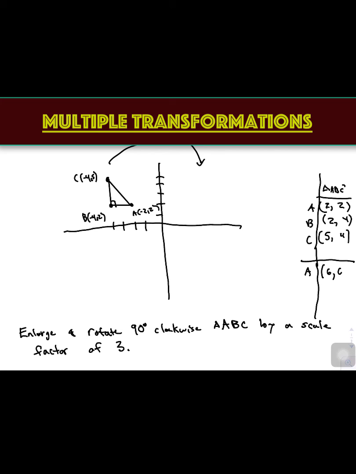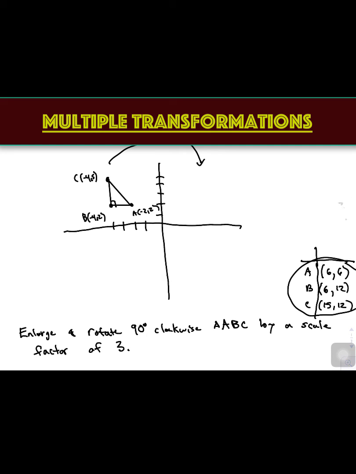We're going to do that for both. B, same deal, but for the y coordinate, 4 times 3 is 12. And finally for C, it's going to be 5 times 3 is 15. 4 times 3 is 12. So this is our final points. Get rid of our middle point there, now that we have that figured out. And now we just plot them.